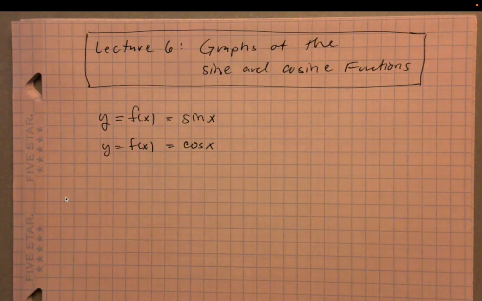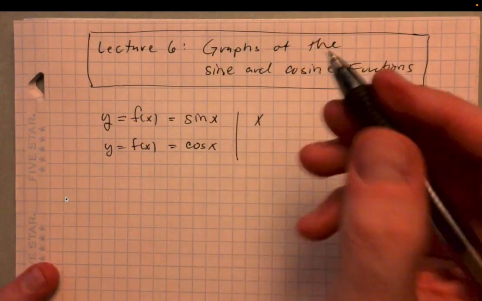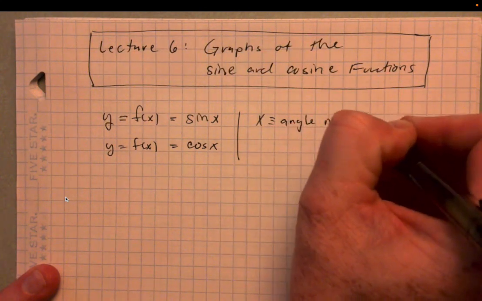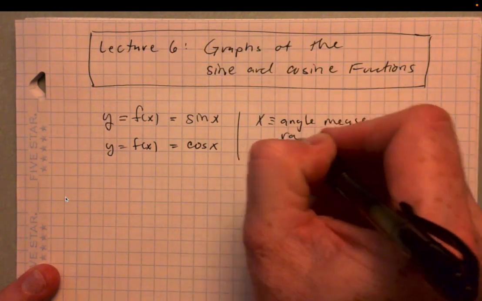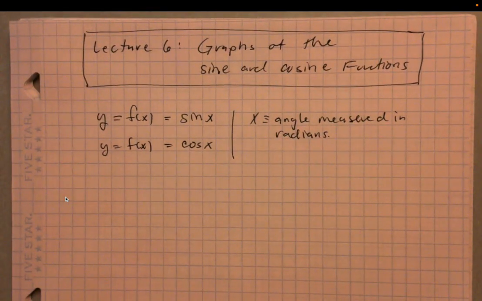So in these instances, x is going to be the angle measured in radians, and we'll stick with radians for this lecture, though I may toss in the degree equivalent from time to time when I think it might be necessary.